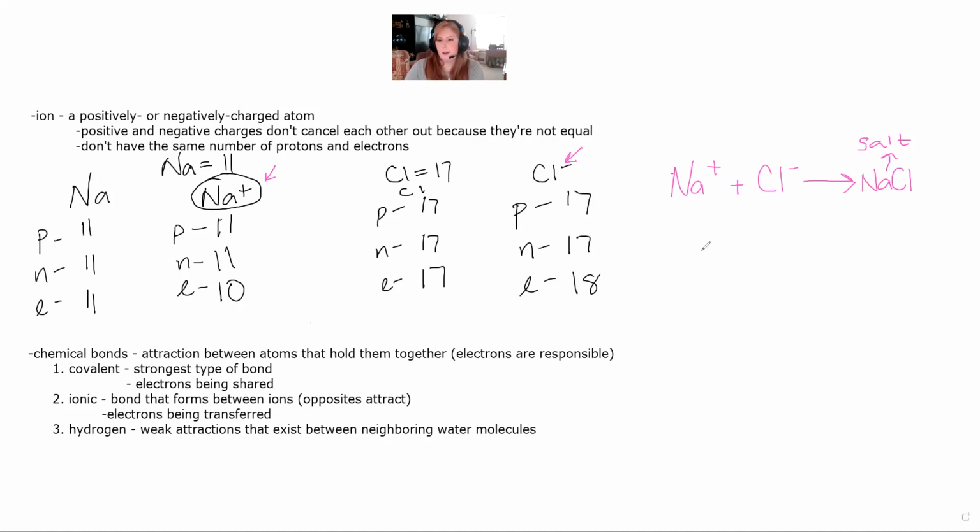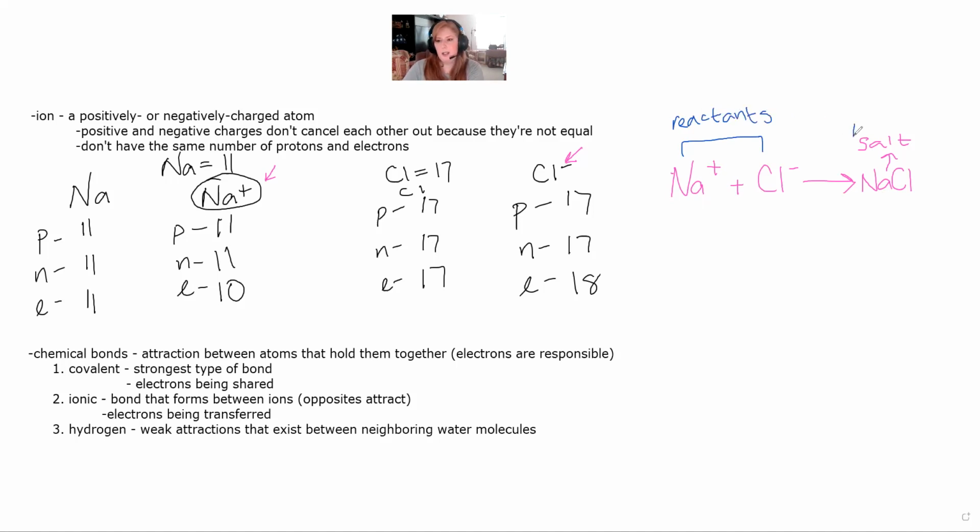All right, so first off, what you can see here is I've got my reactants. The things that go into an equation are called reactants. And this is on the quiz, okay?